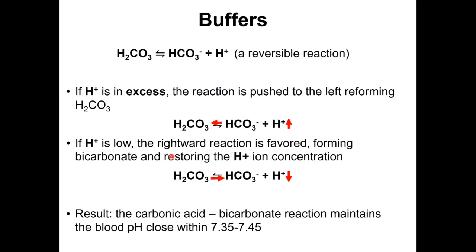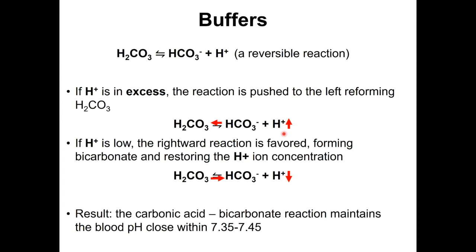Let's look at this example. Imagine you are in your blood here, and you are in a scenario where, for example, you stop breathing and you start accumulating a lot of acid. If the buffer wasn't there, the concentration of protons would go crazy high, and your pH would go extremely low.